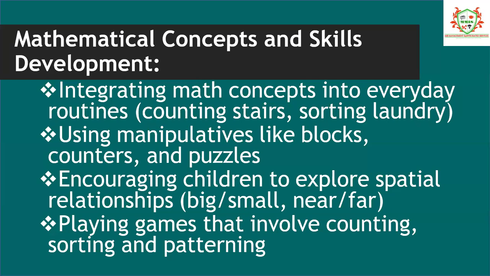The next thing is encouraging children to explore spatial relationships. That is talking about objects, big and small objects, the ones that are close to you or the ones that are far from you. Encourage them: this is a big object, this is a small object, this other object is near you.